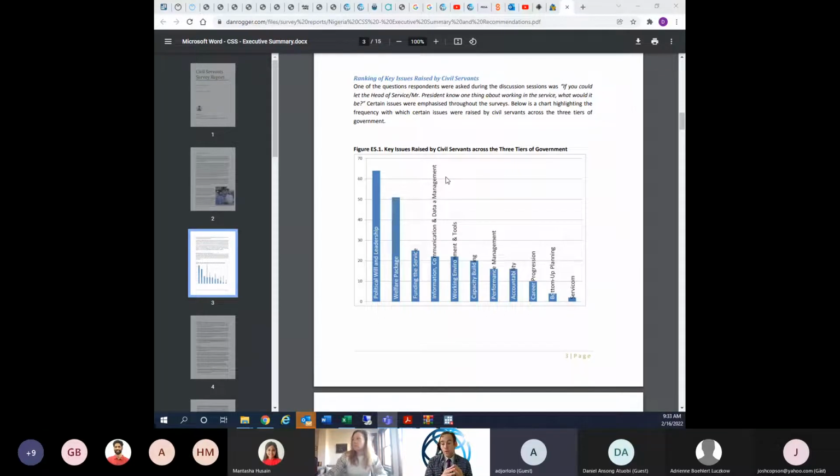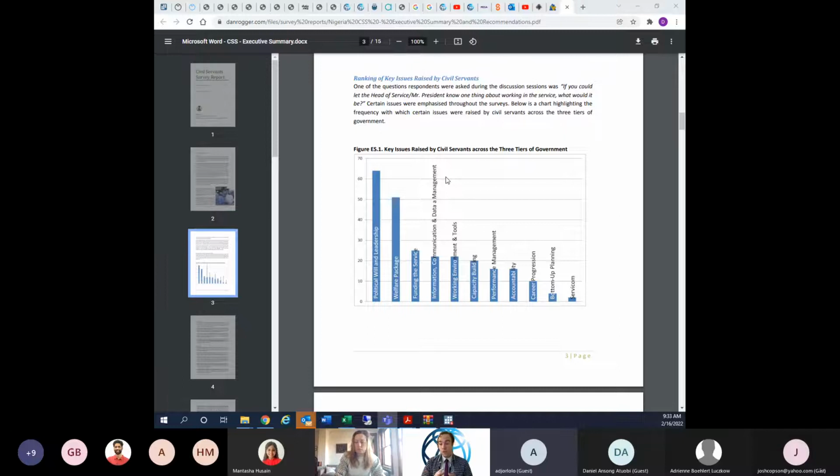There were problems with the way that projects were funded. There were problems with the way that information was communicated and managed. And in each of these buckets, there was lots of detail. People gave us lots of recommendations as to how to improve things in their individual unit.